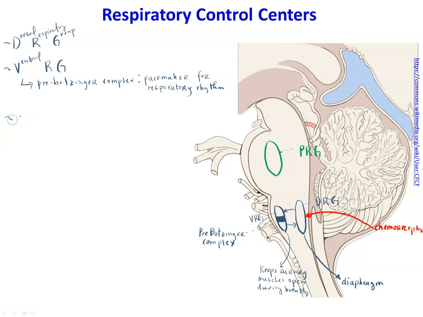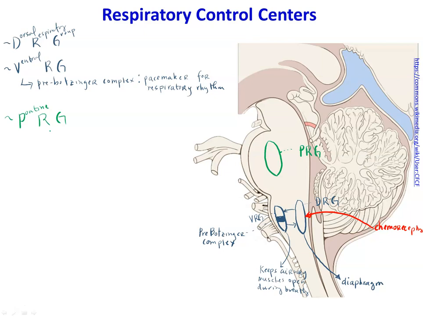Okay, let's denote that. This is the P, which stands for pontine, because it's in the pons. So pontine, guess what? Respiratory group. Okay, so the pontine respiratory group, aka PRG, is a middleman or middle woman.